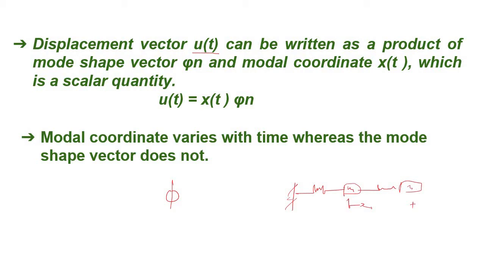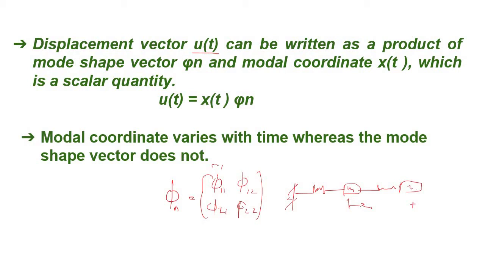For a 2 degree of freedom system, the phi matrix can be written as phi 1 1, phi 1 2, phi 2 1, phi 2 2, where each coordinate corresponds to m1 and m2. So the total displacement can be written as phi n, this generalized vector, into x of t.